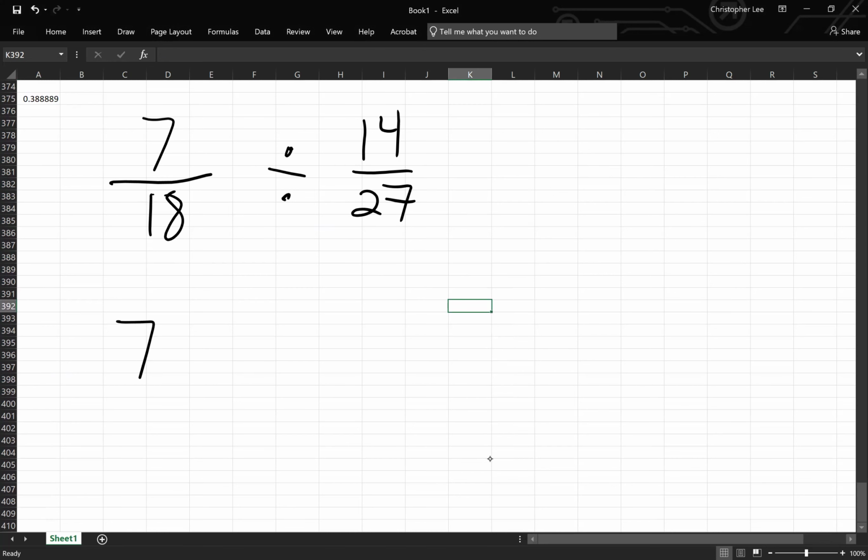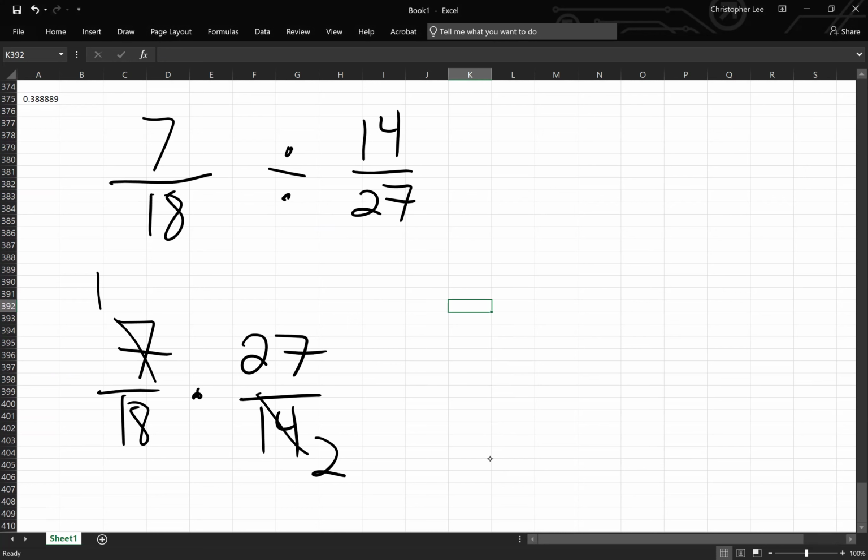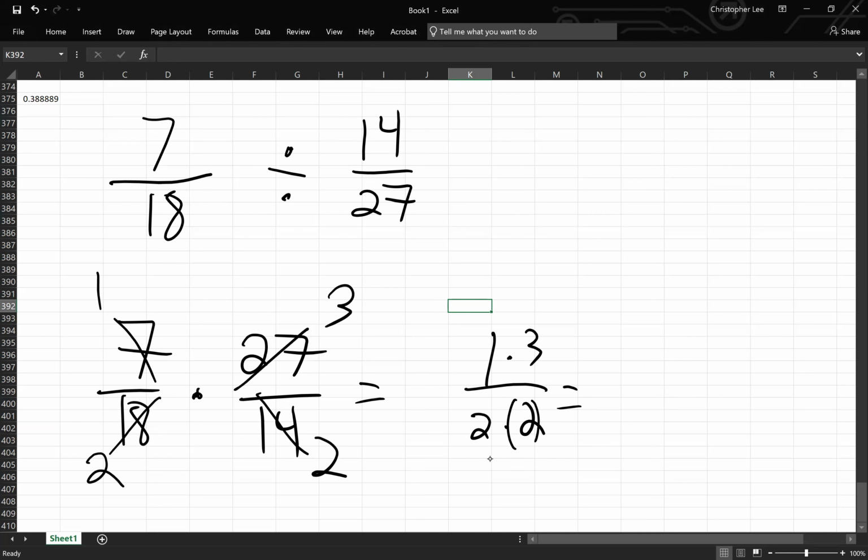So this becomes 7 over 18 times 27 over 14. Reduce it. 7 goes into 7 once, 7 goes into 14 twice, 9 goes into 18 twice, 9 goes into 27 three times. Multiply straight across, we get 1 times 3 over 2 times 2, and this will equal 3 over 4. And that's it.